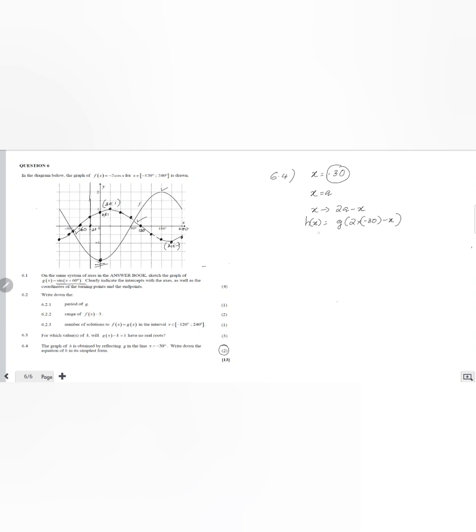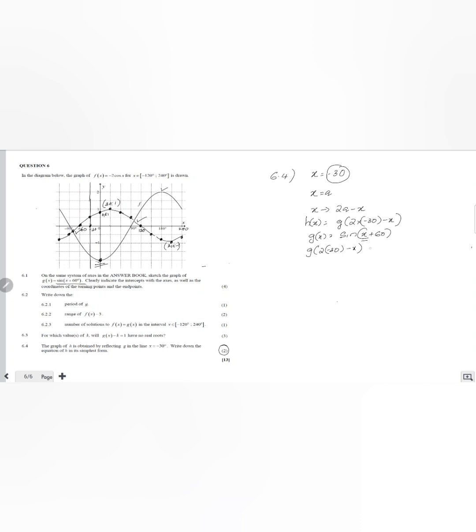So what is g of x, guys? g of x, we know, is sine of x plus 60. Then what is g of 2 times minus 30 minus x? Wherever you see x there, you have to replace it with 2 times minus 30, that is minus 60 minus x.